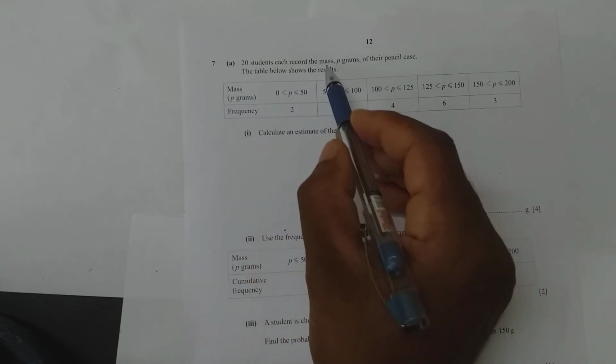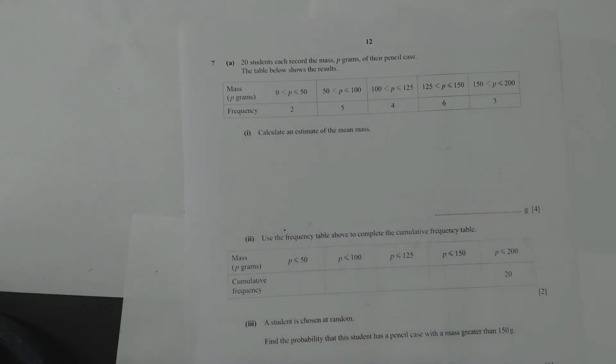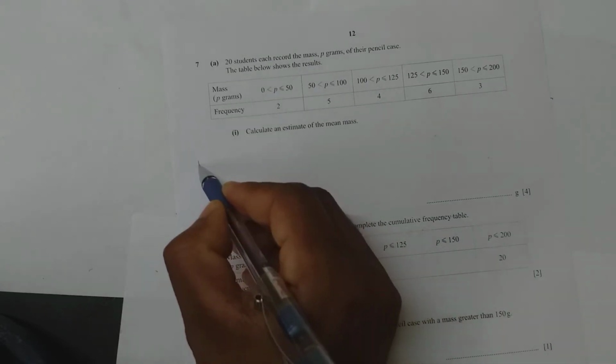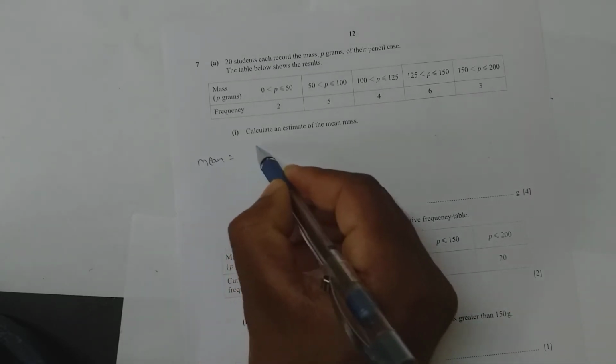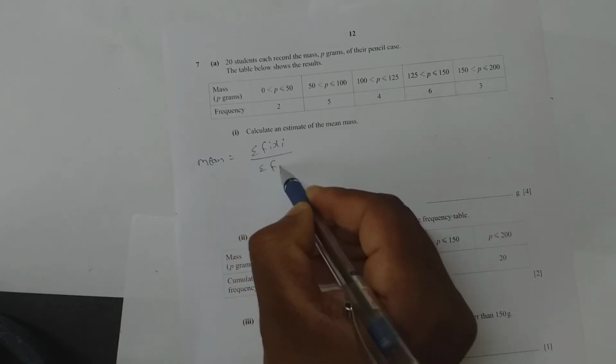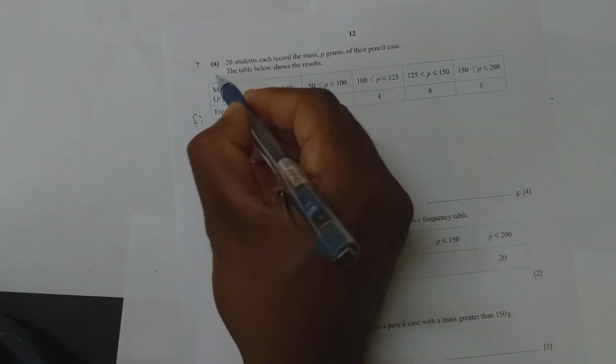Seventh, 20 students each record the mass p grams of their pencil case. The table shows the results. 0 to 50 this much, 50 to 100 this, so on. Estimate the mean mass. So mean equal to sigma fi xi by sigma fi. These are fi values. Now what are xi values?